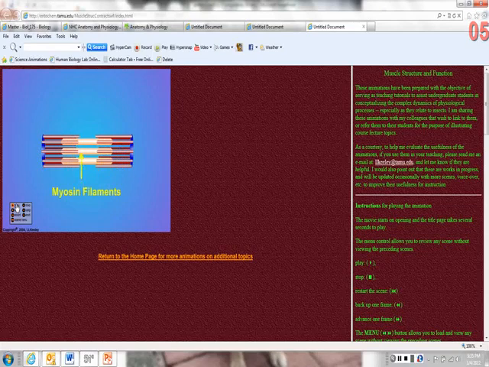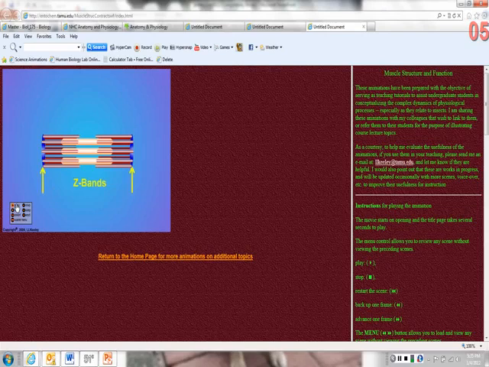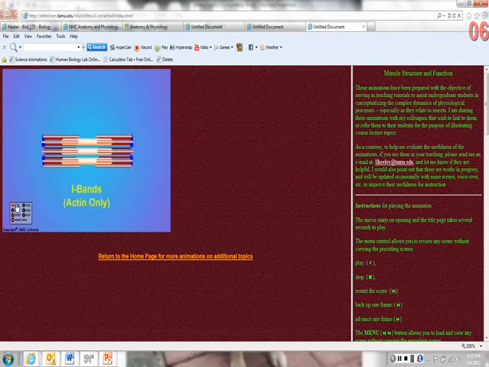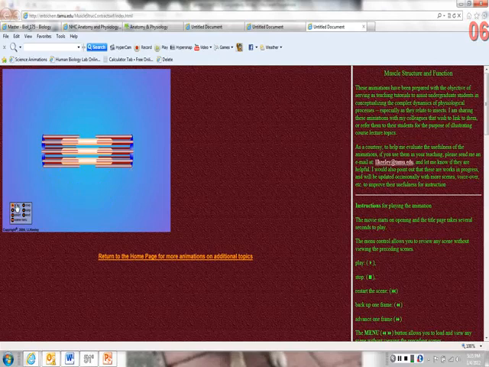So we have the actin filaments here. And the myosin. And they're anchored to the Z discs or Z bands on the end.